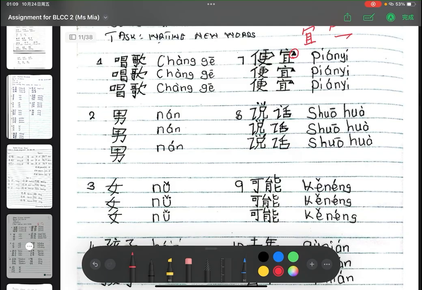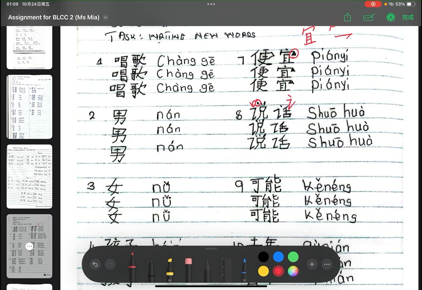I found it. Okay, you add extra stroke. We can see there are only two. Oh, no. Sorry. You don't add the extra stroke. But this dot is on top here. It's like this.